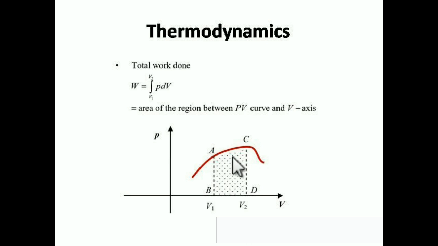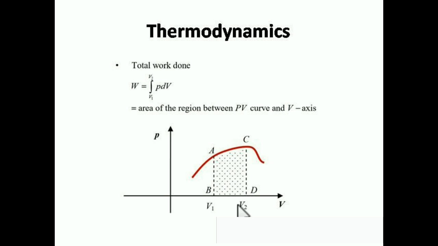As we know, the area under the curve of a PV diagram tells us the amount of work done. Here you can see the volume is going to increase from V1 to V2.